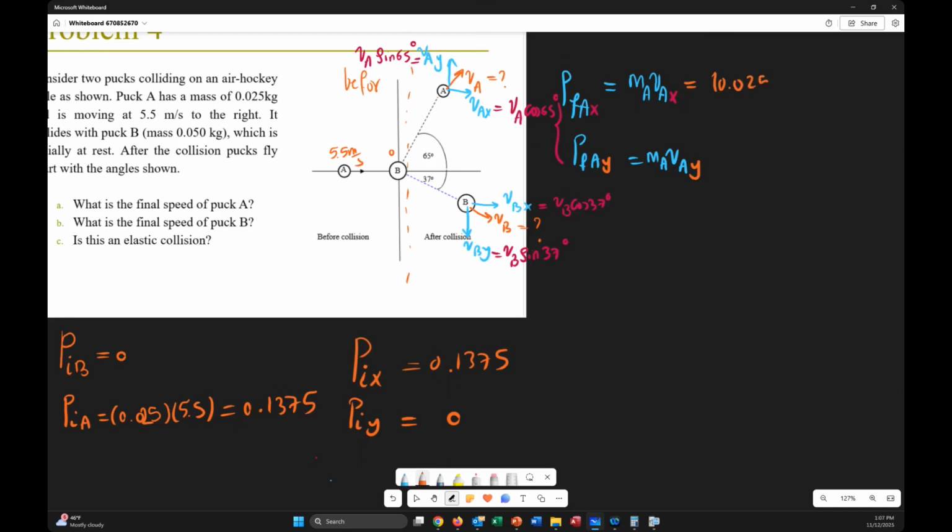What is the velocity of A in x-axis? VA cosine 65. Good. Equal. The next one. What is the mass of A again? 0.025, yes. What is the velocity in the y-axis? It is positive, yes, because it's upward. It's going to be VA sine 65. Good.